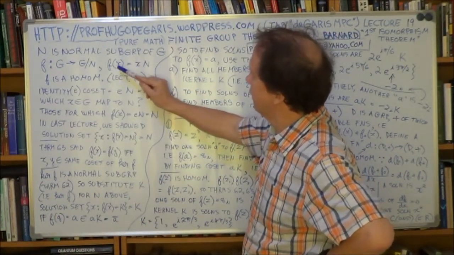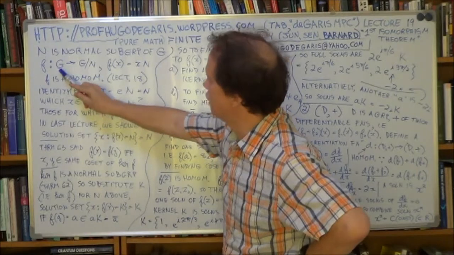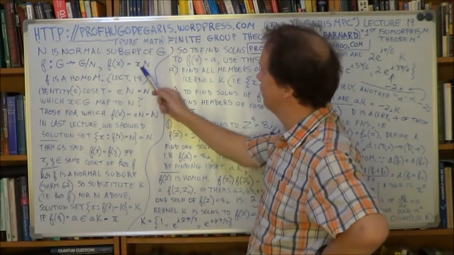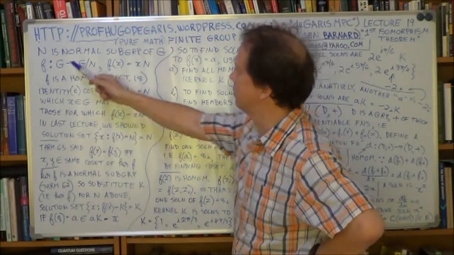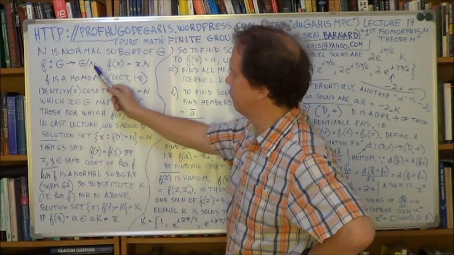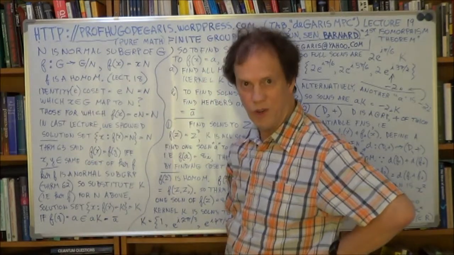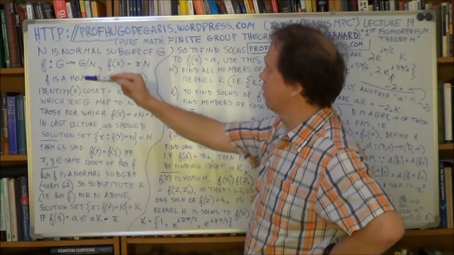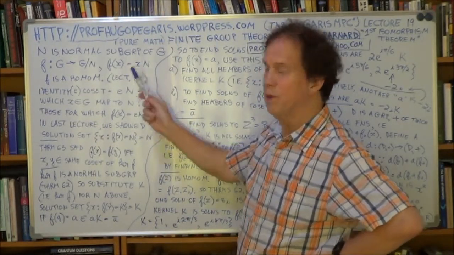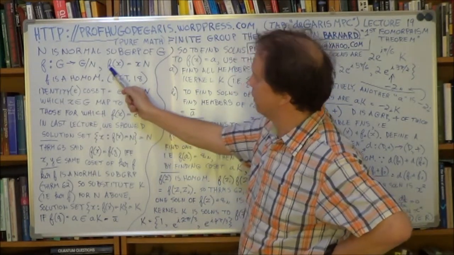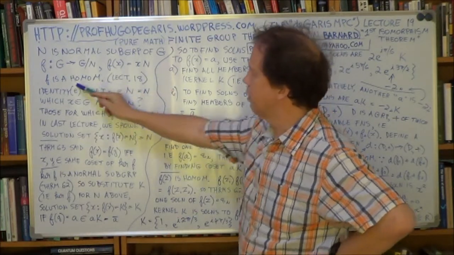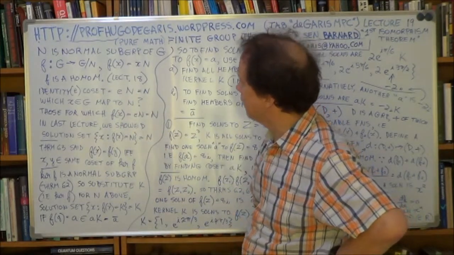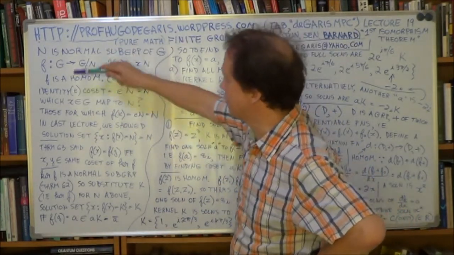So you're mapping an element of G, x is just a member of G, and you're mapping that to a coset, xN, where N is your normal subgroup that you form the quotient group with. And in the previous lecture, lecture 18, we showed that this mapping, this function f, is homomorphic, which I've just shortened to homom. All right, so we've done that. So this is all revision.